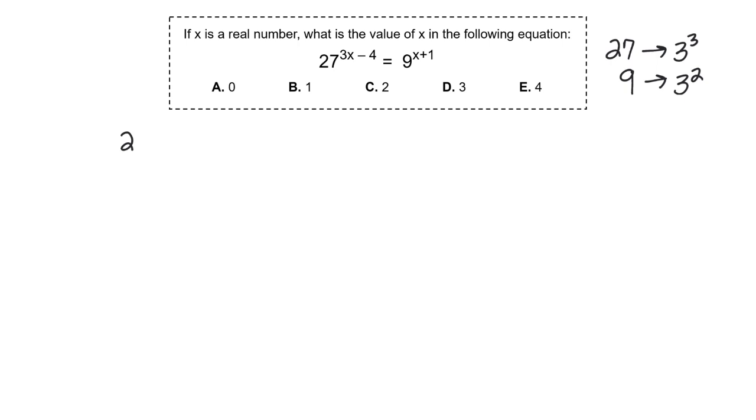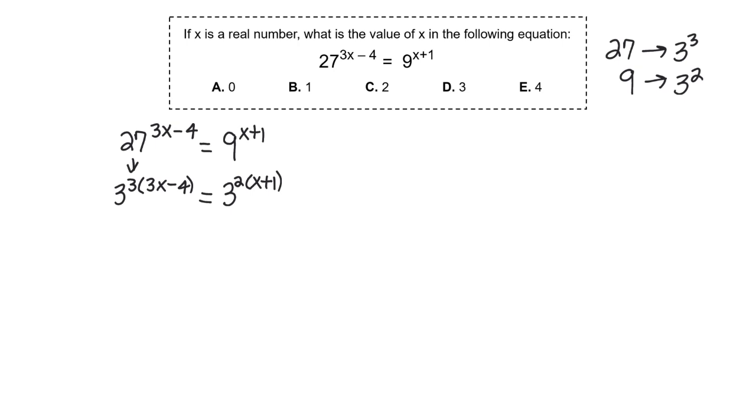We currently have 27 to the 3x minus 4 is equal to 9 to the x plus 1. 27 is equal to 3 to the 3rd, so now we have 3 to the 3rd to the 3x minus 4. And 9, which is 3 to the 2nd, gives us 3 to the 2nd to the x plus 1.